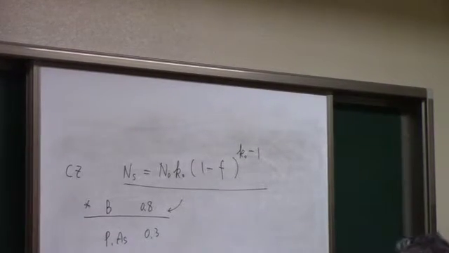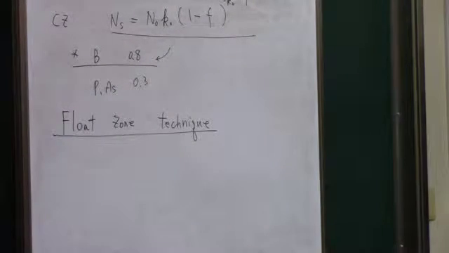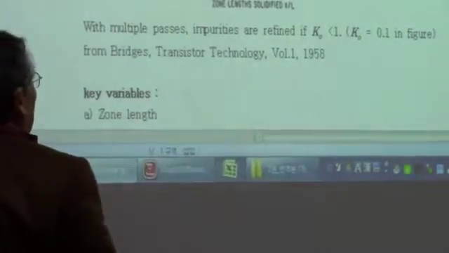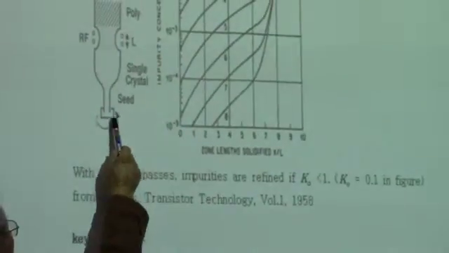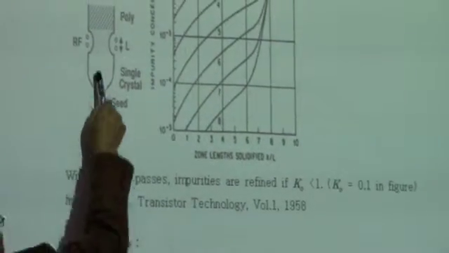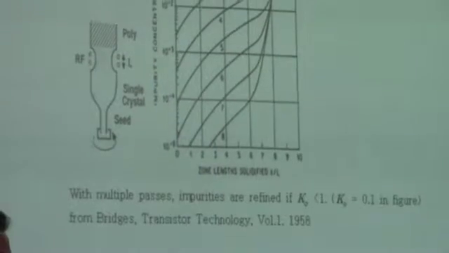In this float zone technique, as shown in the note, we have a float zone, the melting zone of length L, and the single crystal seed is located at the bottom, and on top we have a rod-shaped polycrystal of silicon.